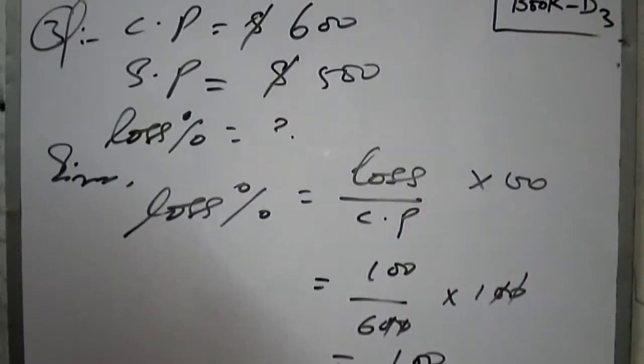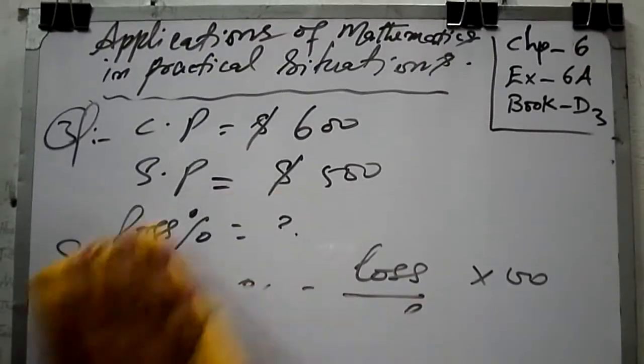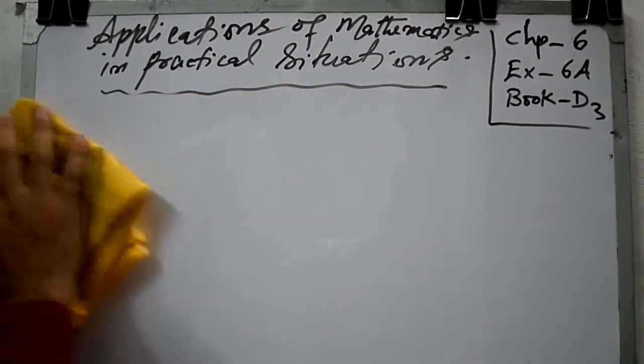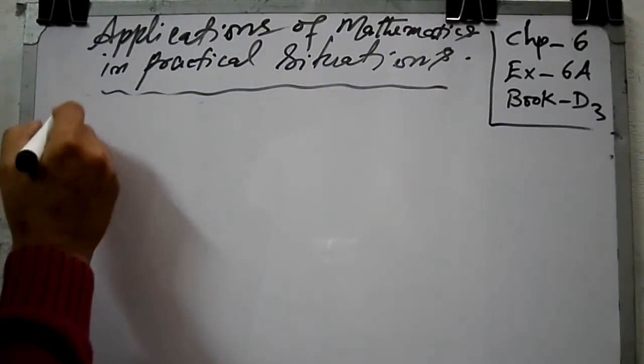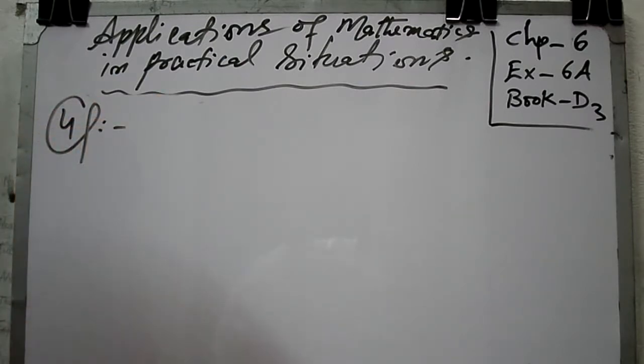Now coming to the question number 4. If Suzanne sells her car at a loss of 6% on the cost, what is her selling price when she paid $18,400 for it?